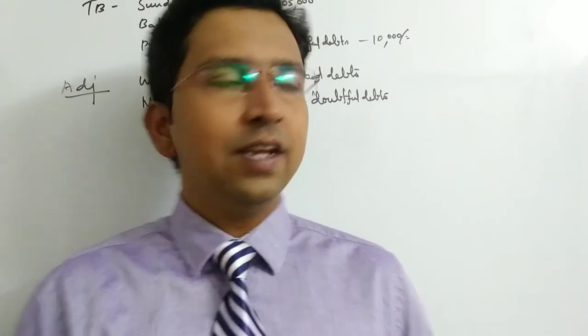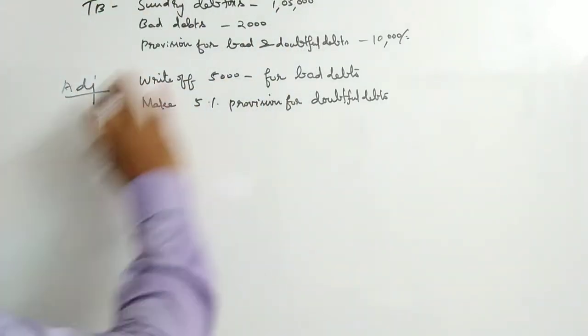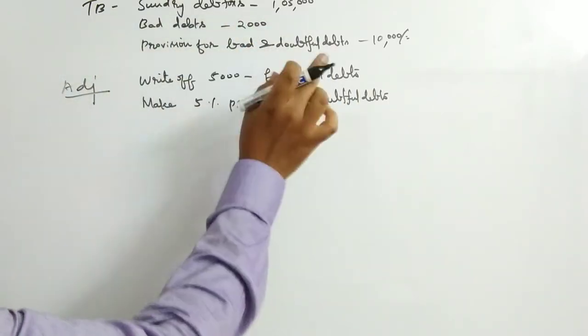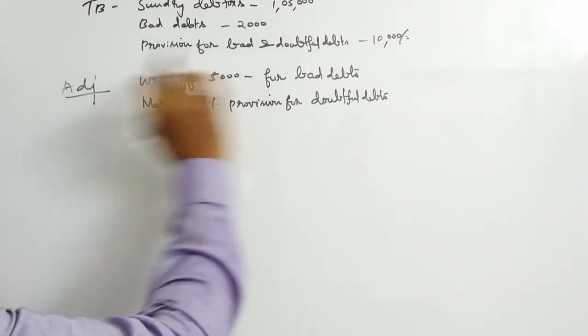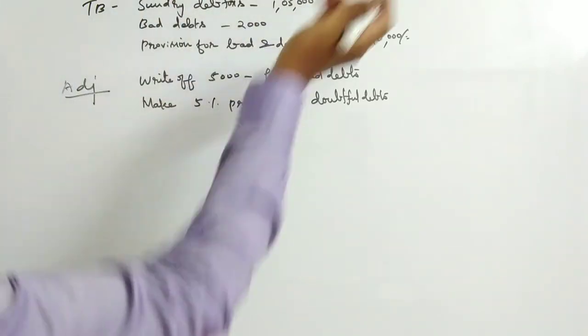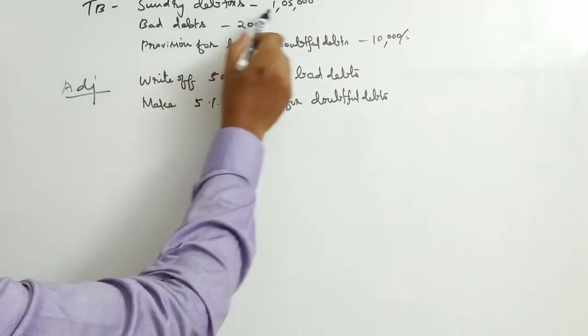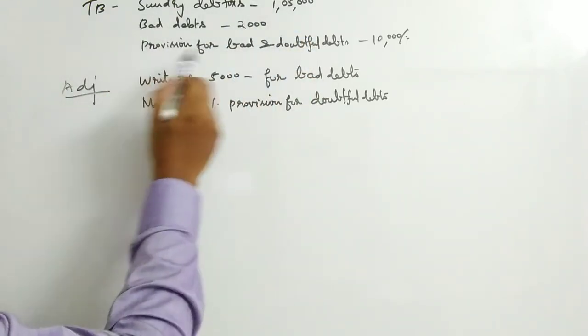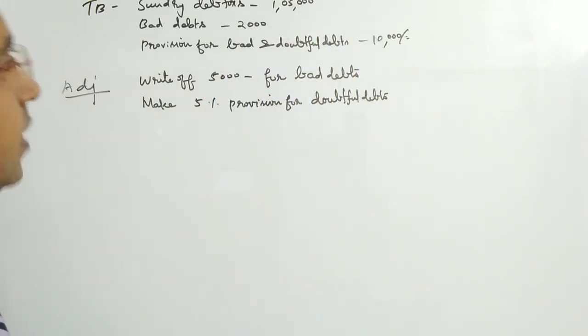Okay, so let us get into the problem. Here I have already written these three ledger account balances on the trial balance and two adjustments. Let me read them out one by one. The first one is sundry debtors, 1,05,000. Then bad debts, 2,000. Then provision for bad and doubtful debts is 10,000.